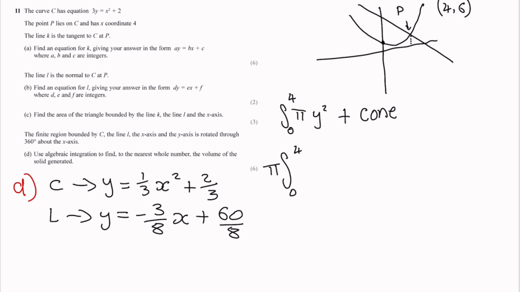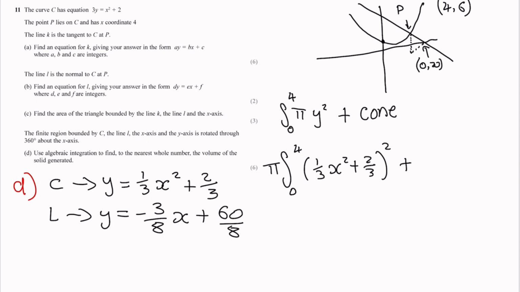So that's 1/3 x squared plus 2/3 all squared, because when we're rotating about the x-axis we do pi y squared, similar to the area of a circle, which would be pi r squared, but our radius is just the function y, plus the volume of the cone, of which the formula is 1/3 pi r squared times the height.